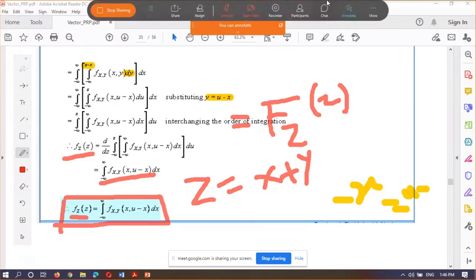This formula we will use when the transformation is x plus y.